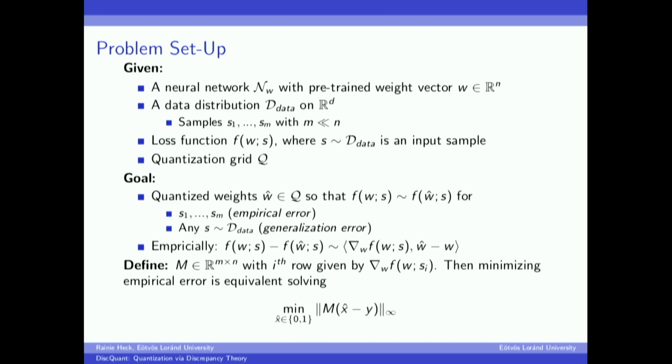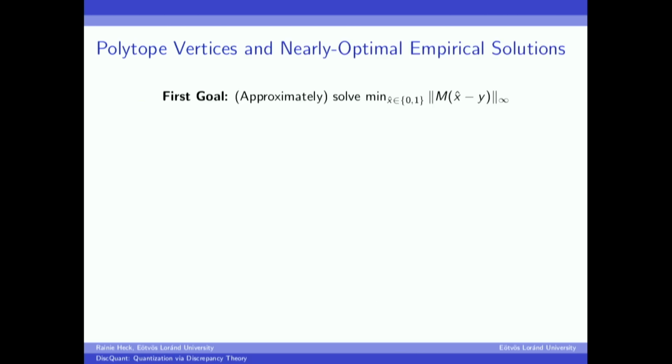And then a simple observation shows us that minimizing the empirical error is equivalent to solving this discrepancy-looking problem after we reparameterize the weights of the network. And so this is the problem that we're going to solve. And there's a nice trick that's often used in discrepancy theory for dimension reduction. So that's what I'm going to introduce here, and this is the basis of our algorithm.